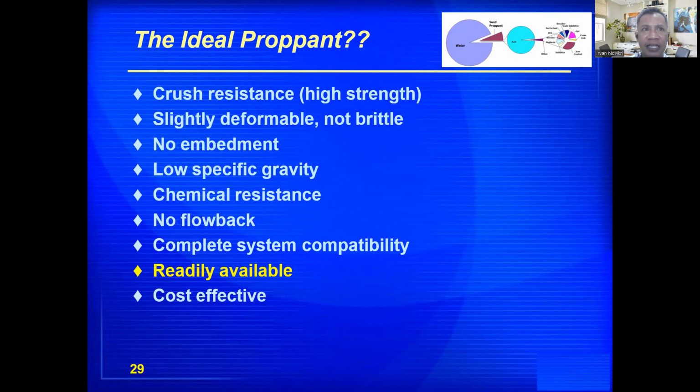I highlighted readily available because today we are in one of the greatest proppant demand shortages in the history of the industry. Many industry experts expect it to get way worse before we start to see relief. The reason is that it takes time to ramp up a mine, to get a new mine or expand one to meet the demand, which basically just exploded.